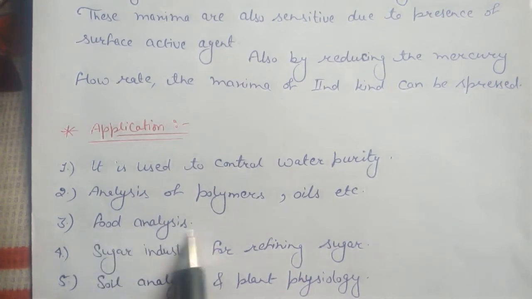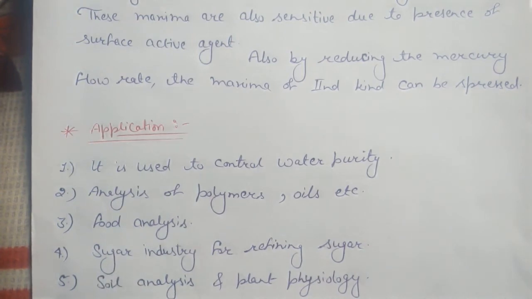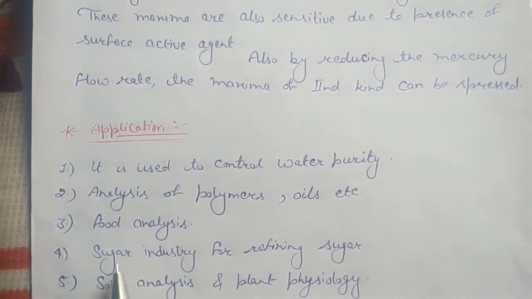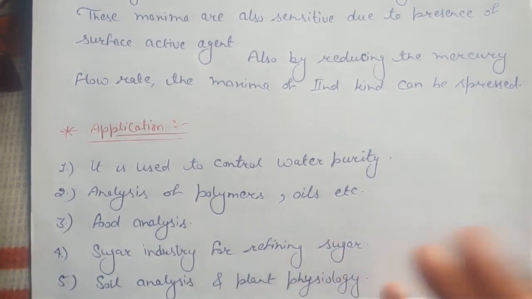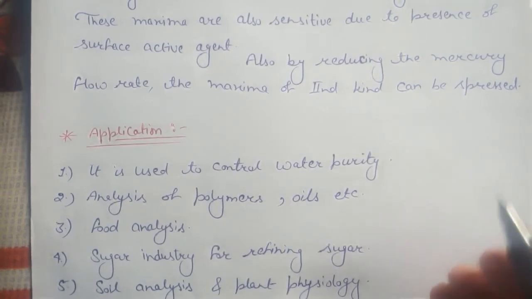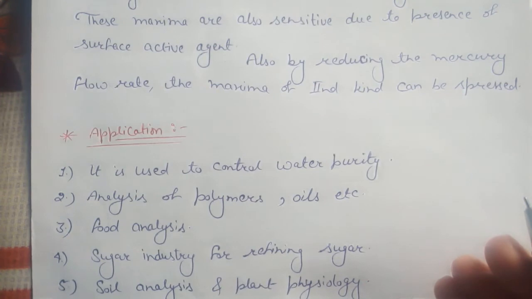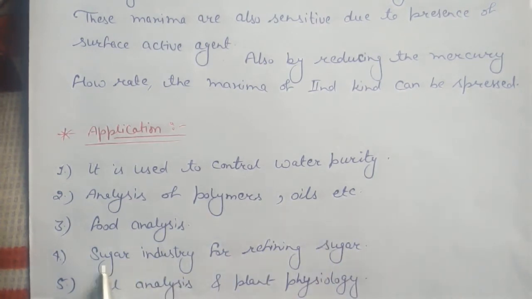Next one is food analysis. You can check the purity of food material by this method. That is polarography maxima. Sugar industry for refining sugar. Guys, you have seen that sugar is firstly made up like a light yellow color. Then we refine it and it is converted into a transparent white color. So in the refining process, we can use polarography maxima.